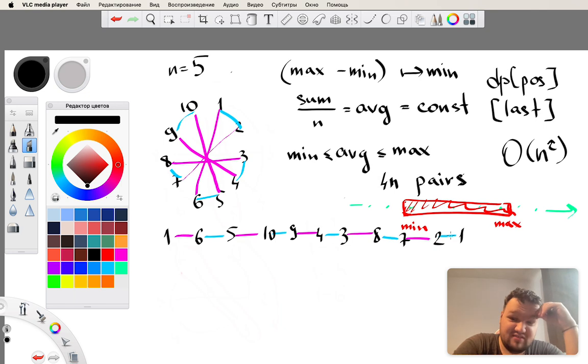So maybe I need it to be one big cycle. What will happen if I, I don't know, swap 1 and 6? Then 6 will be with 2, and 1 will be with 5, right?